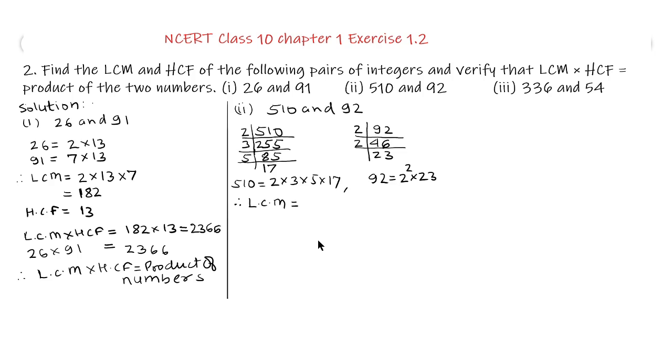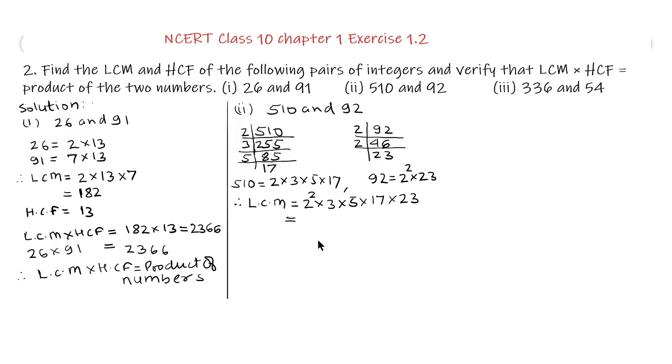So the highest power of 2 is 2 to the power 2 multiplied by 3 multiplied by 5 multiplied by 17 multiplied by 23. So we have taken all the factors with its highest powers.